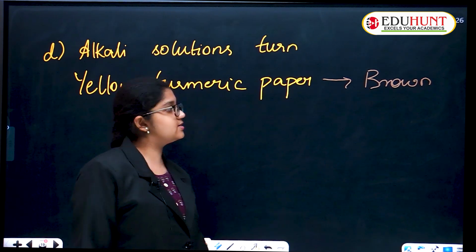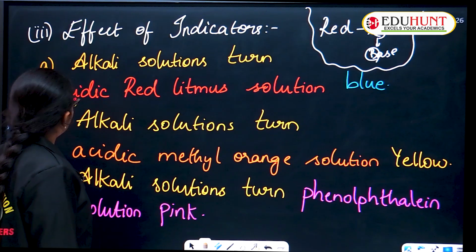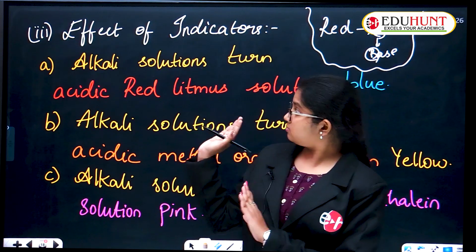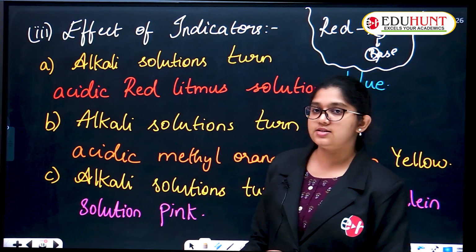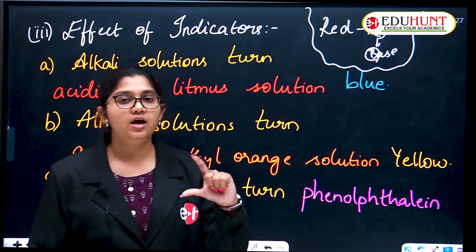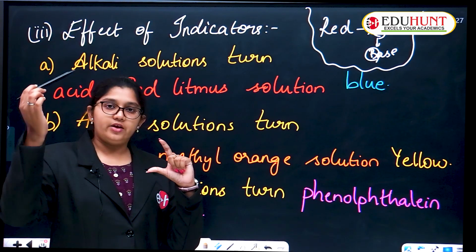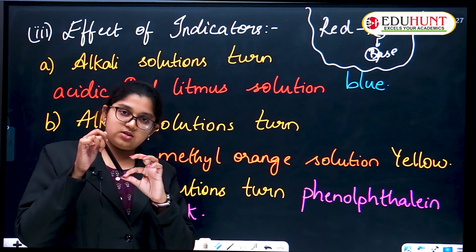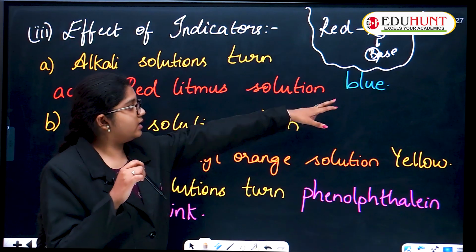Okay. Now, this is all about the four effects of indicators on the alkalis. First one: if you take a sample solution of a base in the beaker, and keep the red litmus paper, wherever the litmus paper touches the solution, it turns to which color? Blue color.